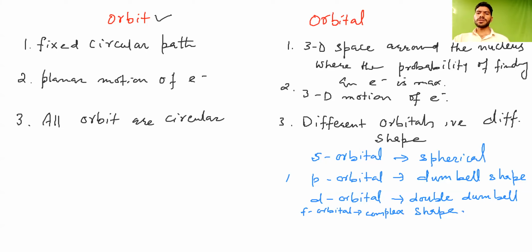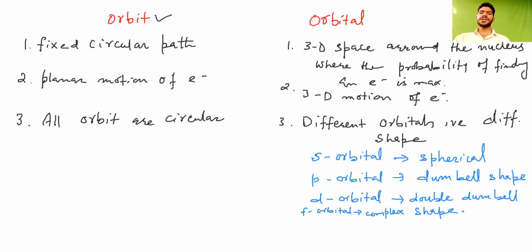So you have to note down these. We will discuss in detail ahead the shapes of different orbitals, how the spherical shape looks, then the dumbbell, then the double dumbbell shape, right? But here you will just note down that different orbitals have different shapes, but all orbits are circular and they just represent the planar motion, right?